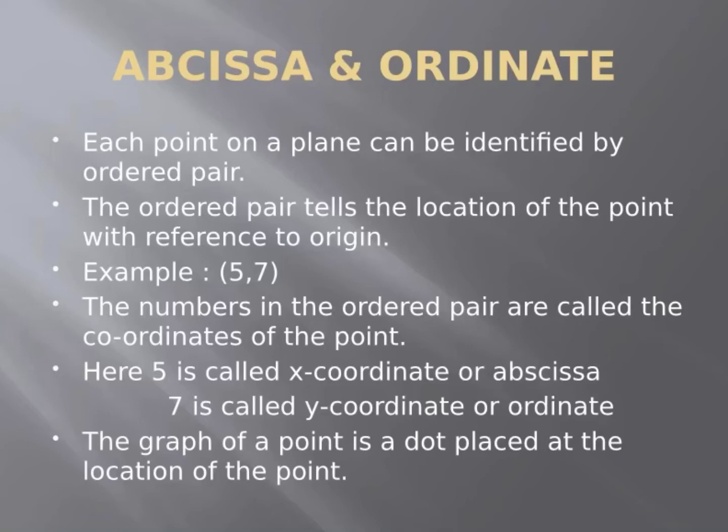And the graph of a point is a dot placed at the location of the point, which means that any point on the coordinate axis is represented by a dot along with its ordered pair, which represents the location of that point from the origin. Let us try to understand it with an example.